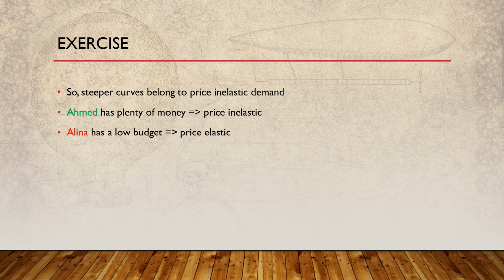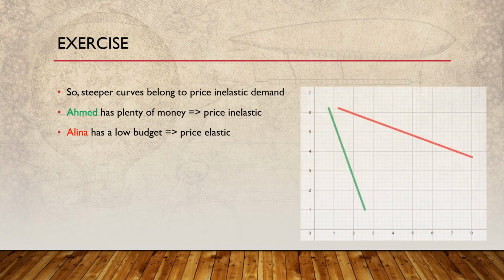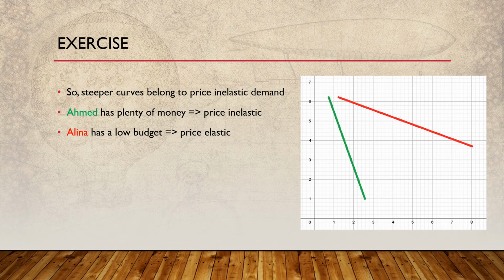I've used some colors for the names over here. You can see them here once again. The green one belongs to Ahmet because, well, he doesn't really care that much if prices go up or down because he has the money. While Alina, she has a low budget and things are completely different for her.